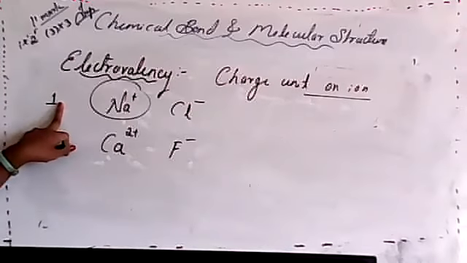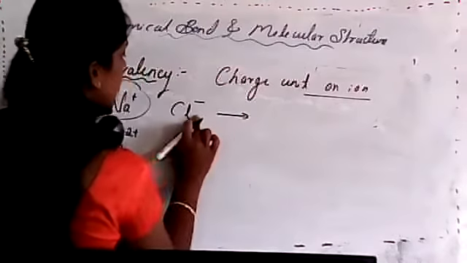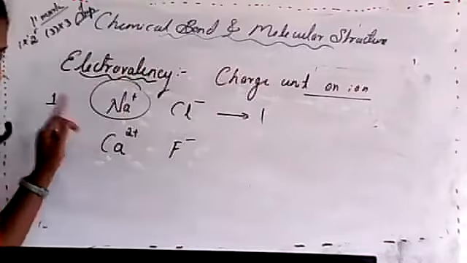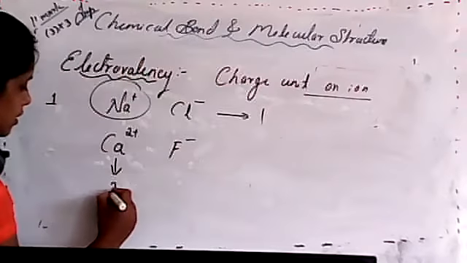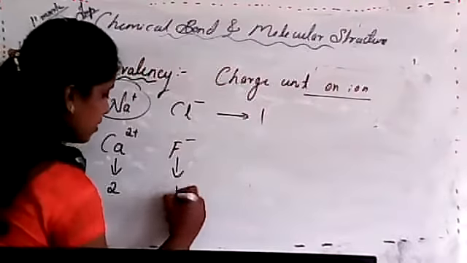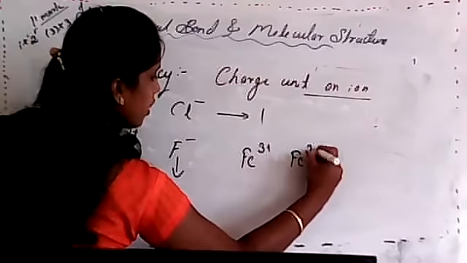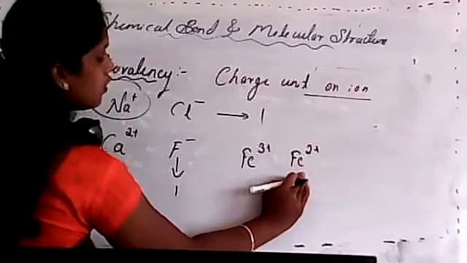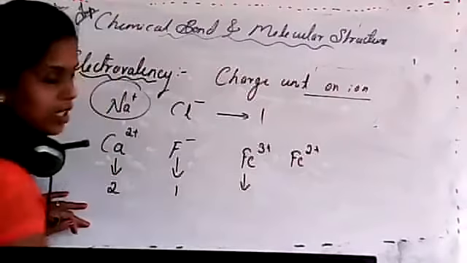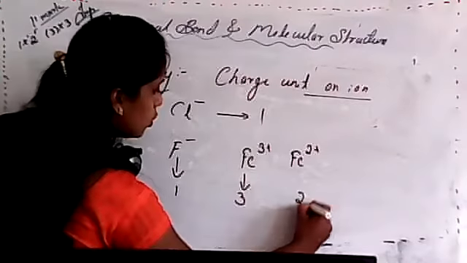We consider it as one. For chlorine, it is again one. For calcium 2 plus, it is 2. For F minus, it is 1. If in case I consider ferrous or ferric, Fe 2 plus is ferrous and Fe 3 plus is ferric, then it is 2 and 3.